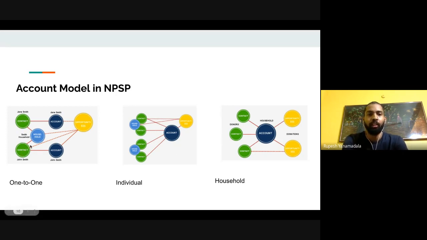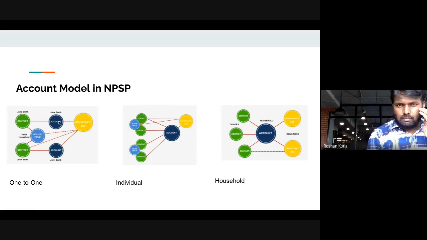We are related to only one household, but yet we have two different accounts, one is Rupesh, one is Chandu. If Chandu makes a donation, then this opportunity will be linked to Chandu's account, and obviously to Chandu's contact. So there won't be any linkage between this opportunity and this household object or Rupesh's account.